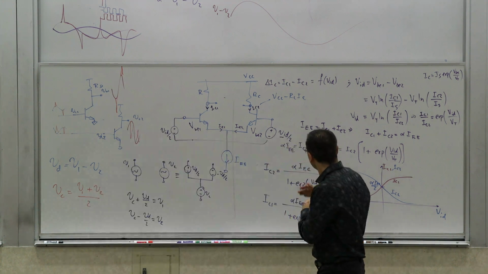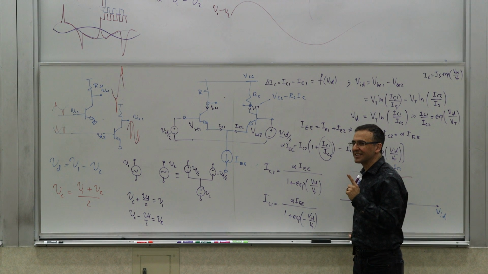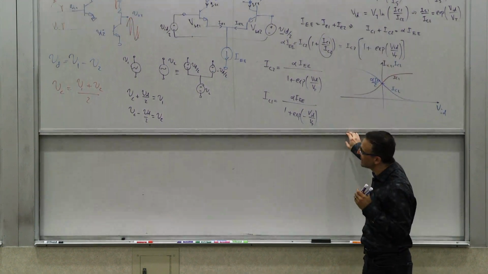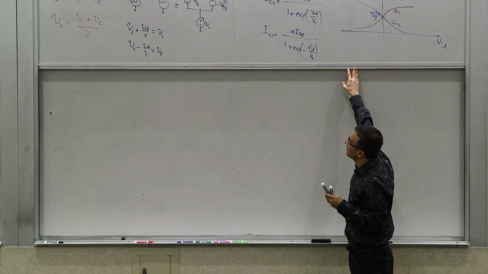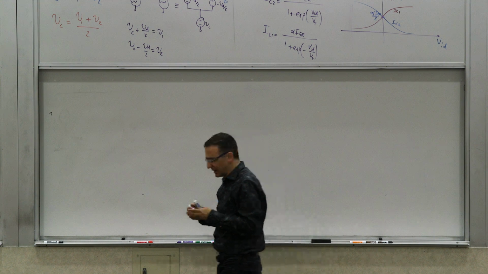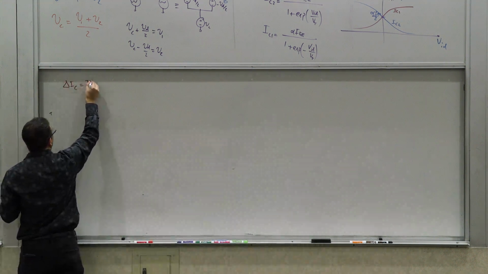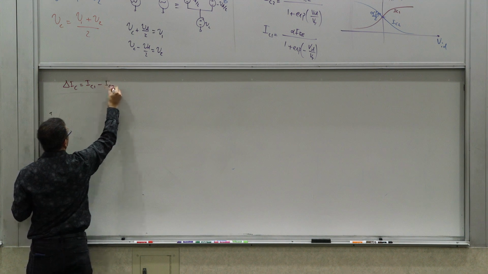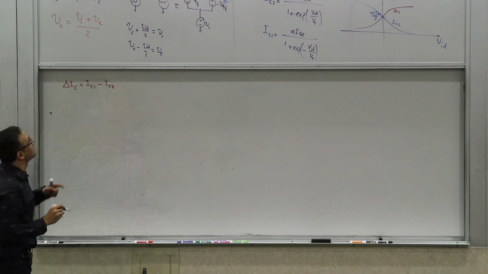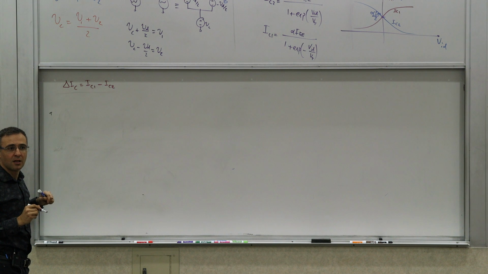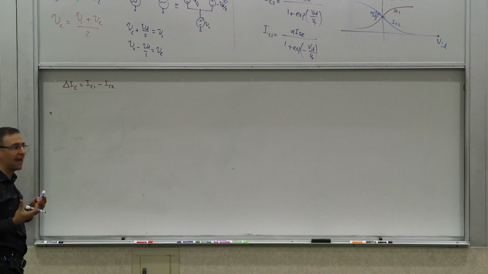Now, these are useful, but we still haven't calculated one of the key things, which is what we wanted to calculate: the difference between the ICs. We wanted to calculate the delta IC, which was IC1 minus IC2, right? Up there, we defined it. So we want to find the functionality of that as a function of VID.